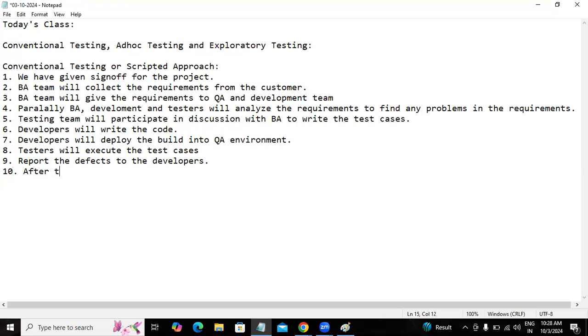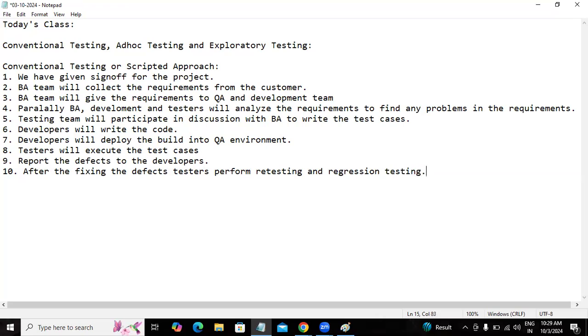After fixing the defects, testers perform retesting and regression testing.